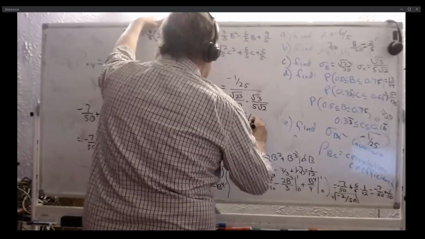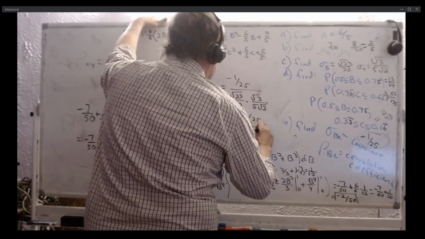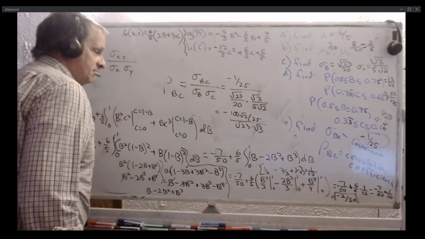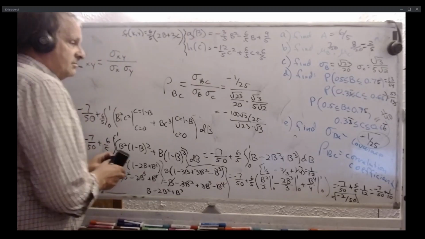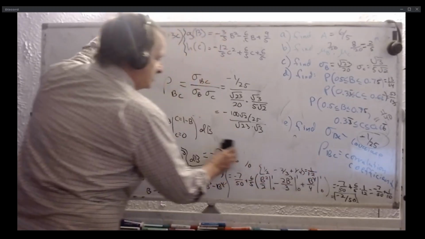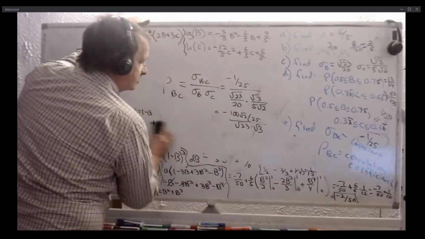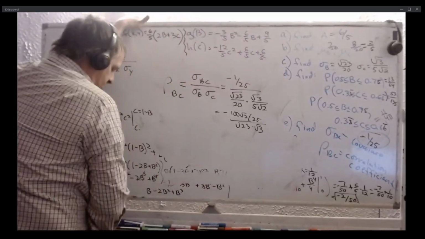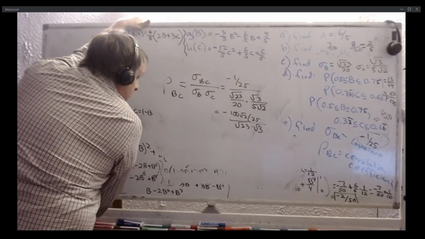This is square root of 23 times the square root of 3. I have no idea what you guys get. You guys are going to have to use your calculators on that. Sorry.